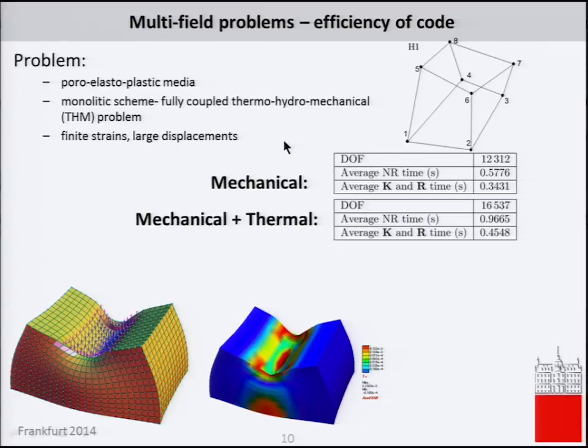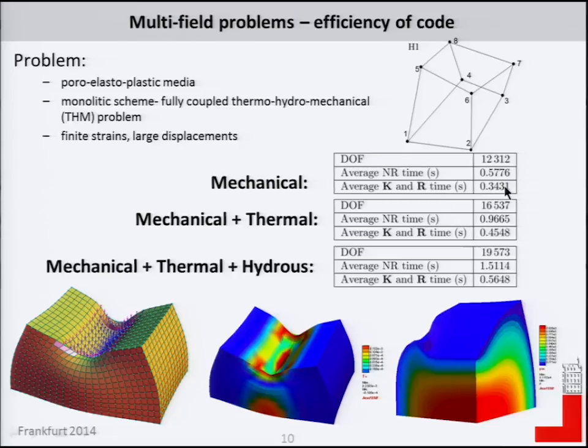If we solve only the mechanical problem, we get like 0.3 seconds. We add thermal problems for 0.45, and if we add all 3 unknown fields, it's like 0.6, the average time of calculating the tangent and the residual of the problem. In a sense, it does not grow much. It's, in a way, a consequence of this backward mode of automatic differentiation.